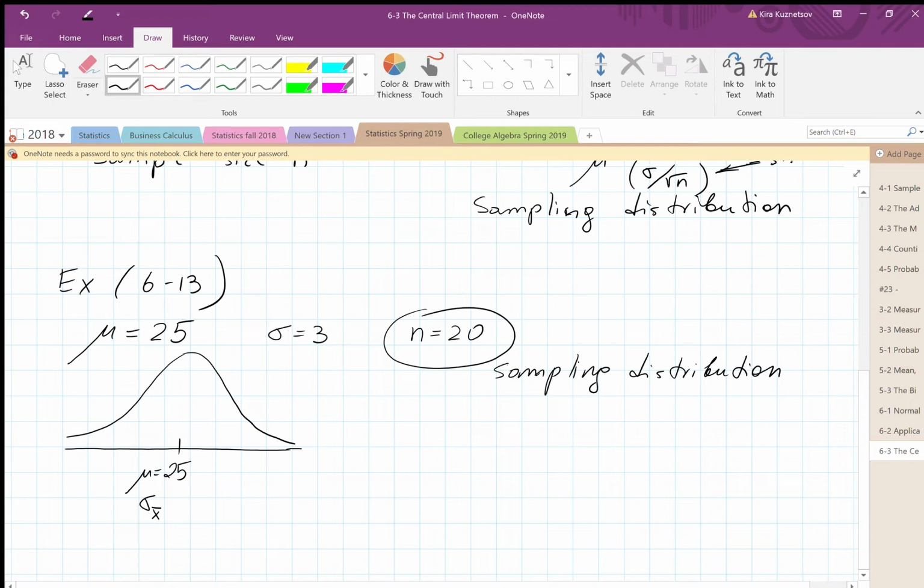The standard deviation of the sampling distribution is now the original sigma divided by the square root of 20. So we need to find the probability that the mean number of hours they watch television will be greater than 26.3 hours. So I'm looking at 26.3 hours. It needs to be greater.